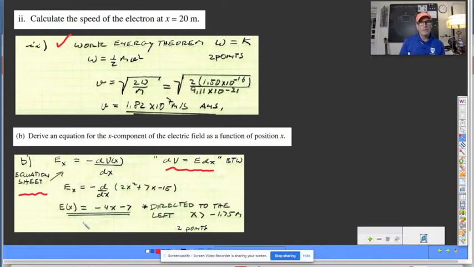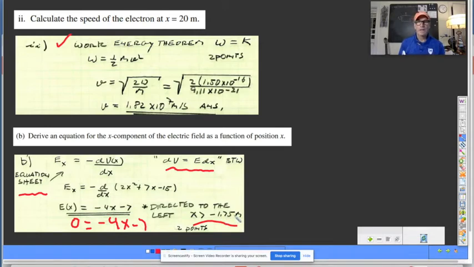So where the electric field is 0, you can set this equal to 0. That's where I got the number negative 1.75, just setting this equal to 0 and solving for x. So that'll come up at a later time. The electric field is directed to the left at x greater than negative 1.75.